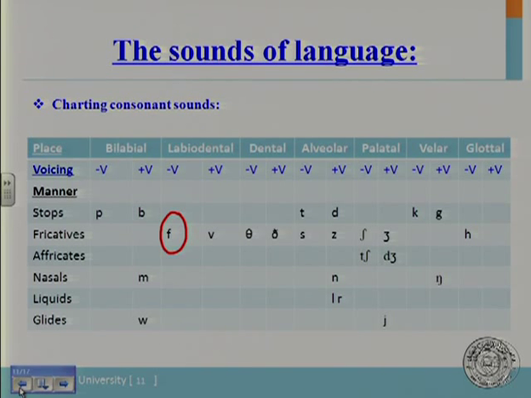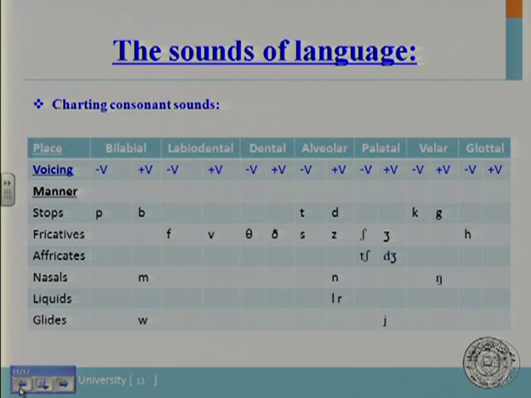Now here, the third group is dental. And here we have two sounds. We have th and th, as in th, the. Now, th is a voiceless sound. It is a dental, fricative, voiceless sound.